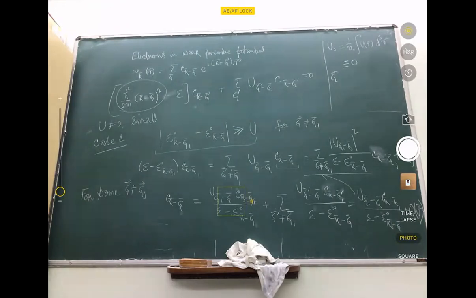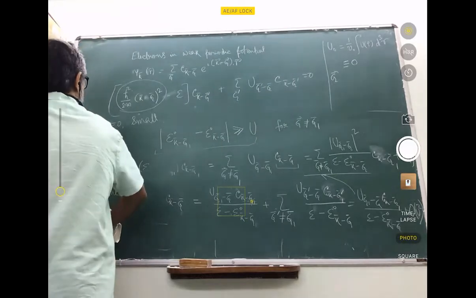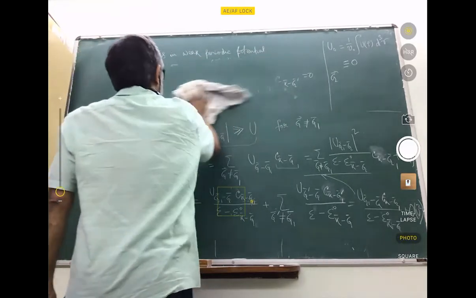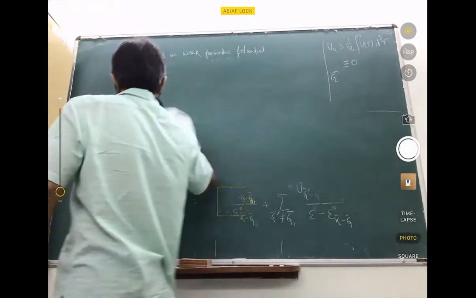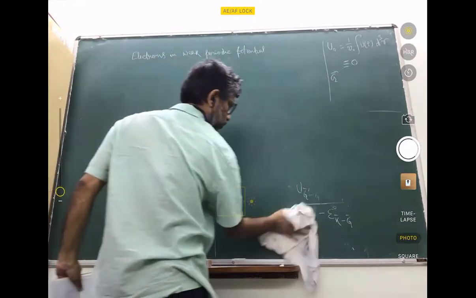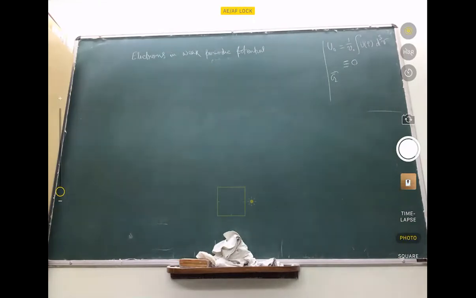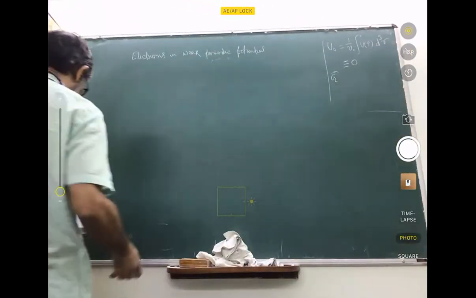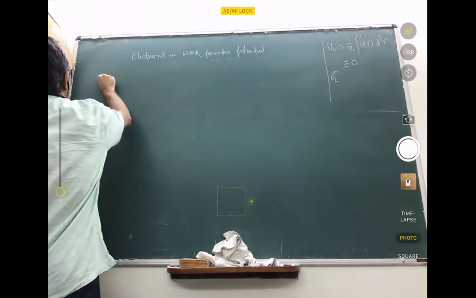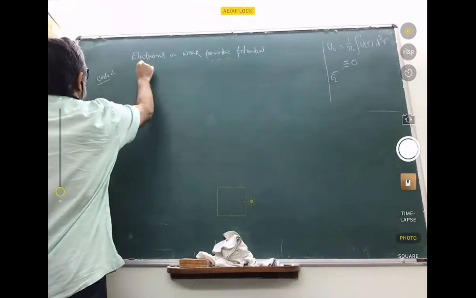But then what happens when you have such degeneracies or near degeneracies? So we have some epsilon.